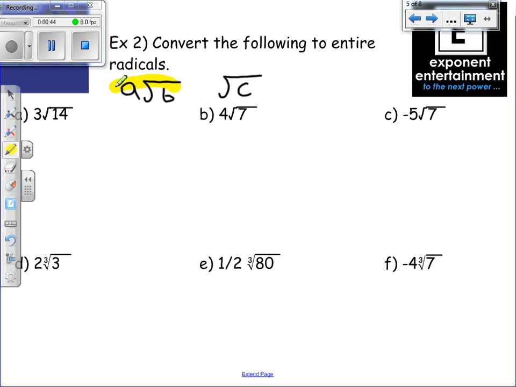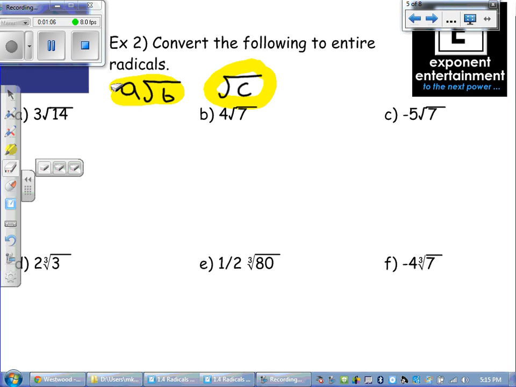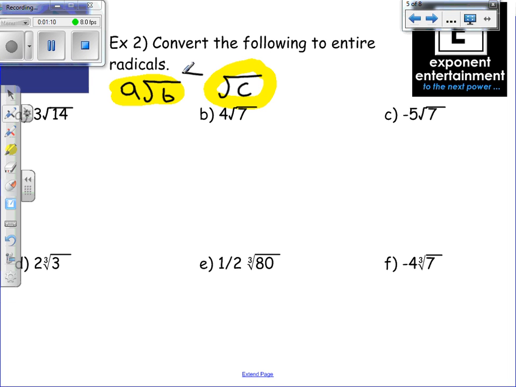This is considered mixed radical form because it has a coefficient in the front, the A. This other one is entire radical form. We call it that because there is no coefficient. So, when we're doing these questions, we're trying to lead from here to there. Seems simple.